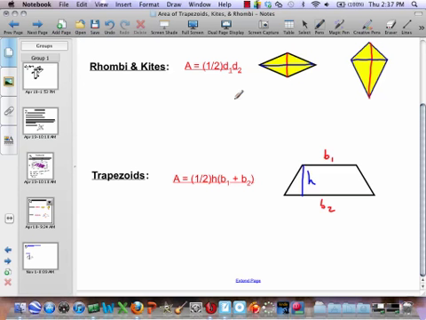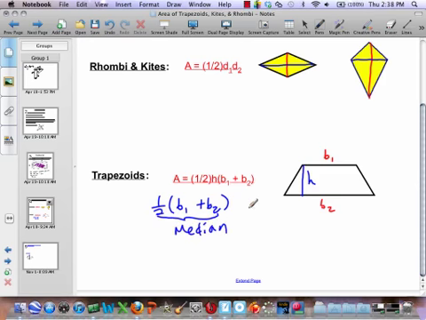Now, do you guys remember, this is what I kind of brought out to you guys in the video. Do you remember what this was? What's 1/2 of base 1 plus base 2? That's the length of the median.